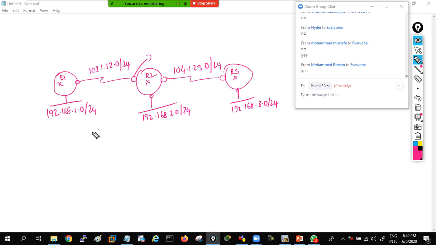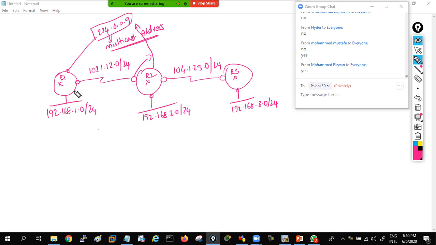Yeah, correct. Now keep in mind, guys, RIP version 2 works like this. Router 1 will send his updates to 224.0.0.9. This is called a multicast address. He will send his updates to the multicast address, and router 2 also will send his updates to the multicast address.